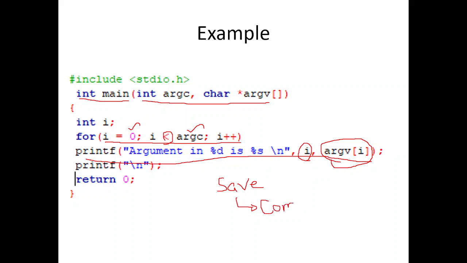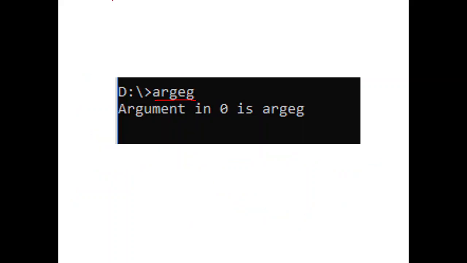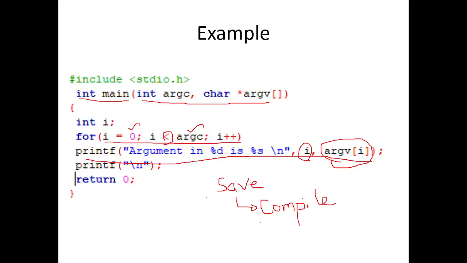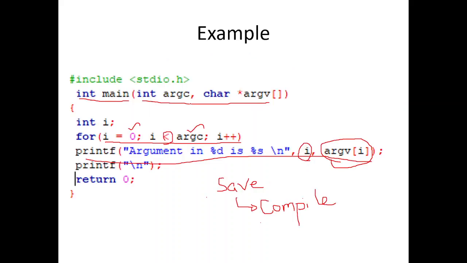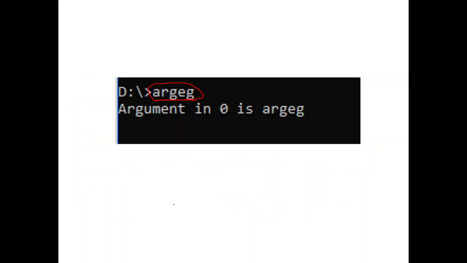Only after compilation, once it is error free, do we run the program from the command prompt. To run it, we just use the program name. It means the file is saved under the name argeg, which is the name of the file where this content is.